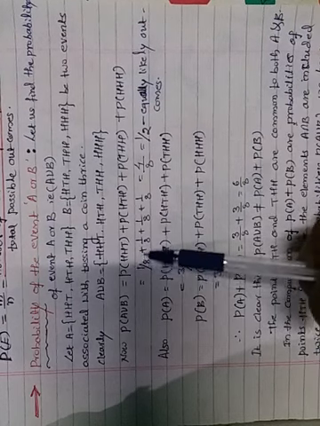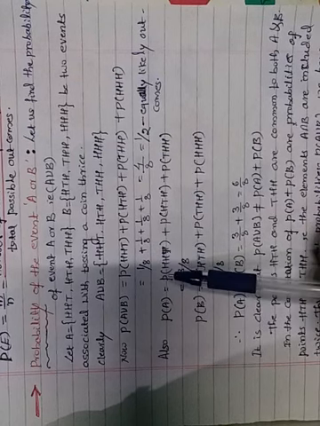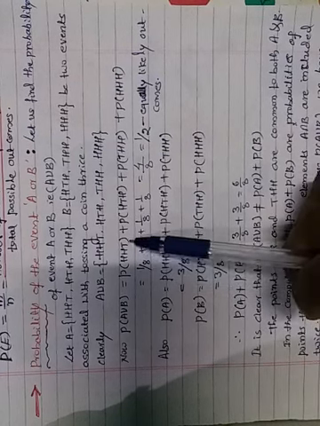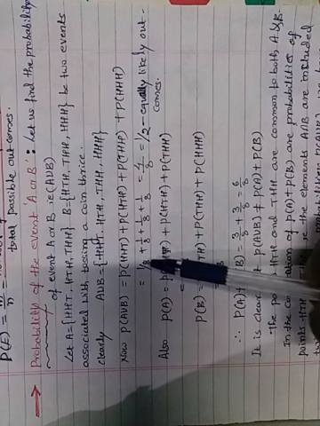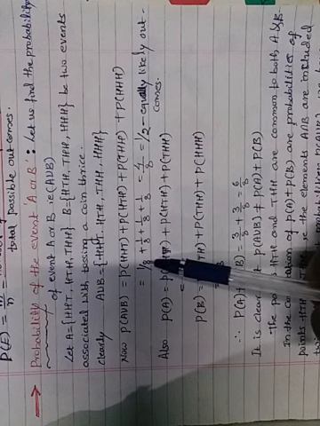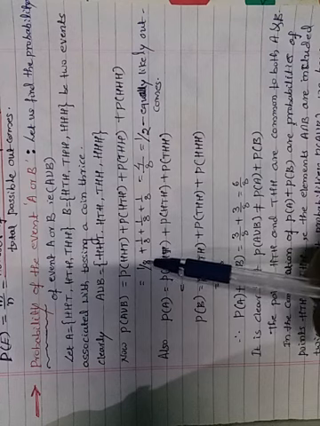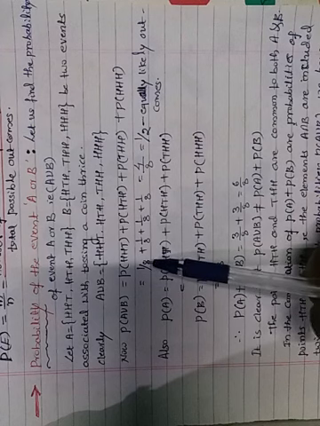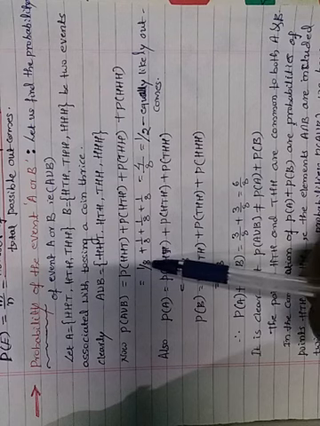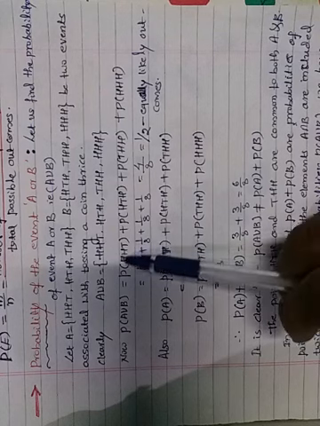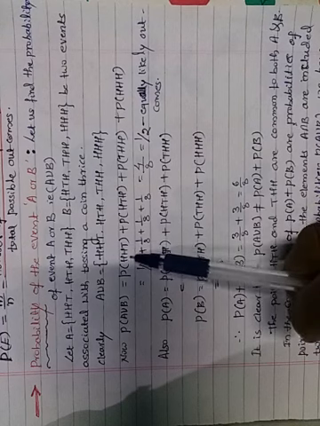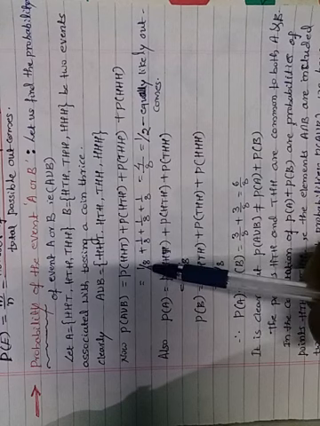Each individual outcome has a probability: P of HHT is 1 by 8, because when a coin is tossed thrice, the total number of outcomes in the sample space is 8.